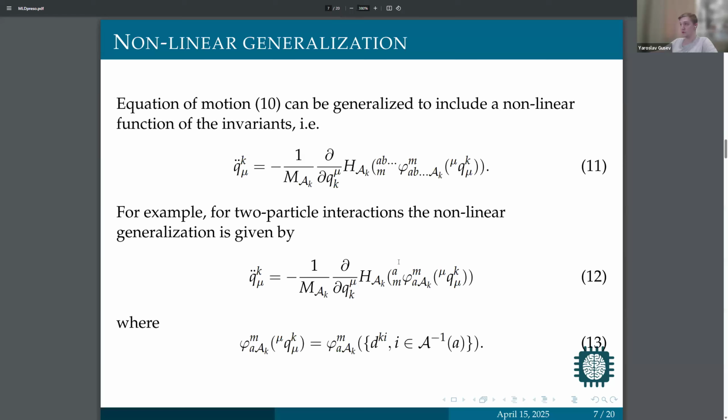And in terms of two-body interactions, you will have two-body invariants here, which are arbitrary nonlinear functions of pairwise distances of particle k to the other particles i.